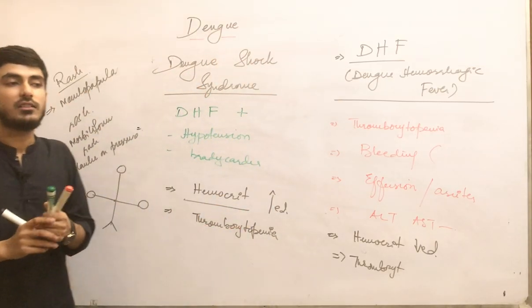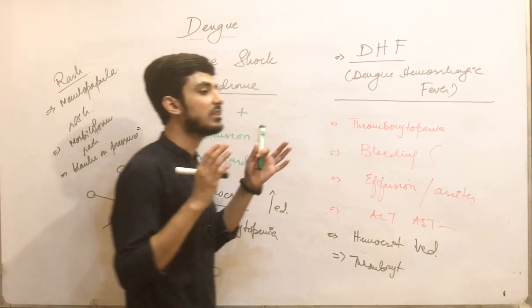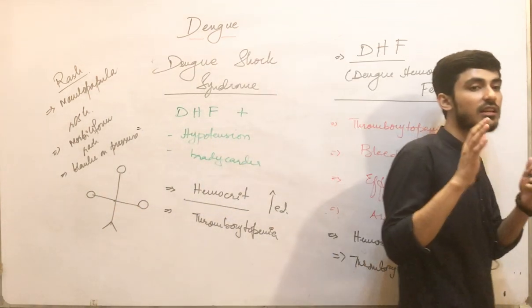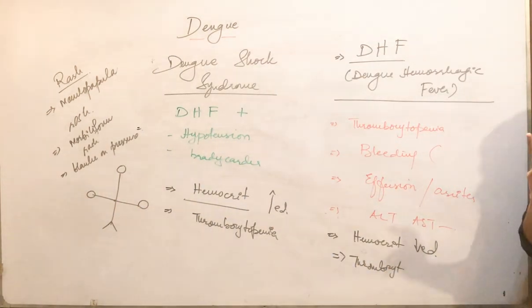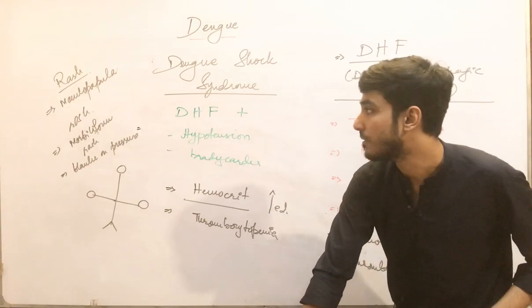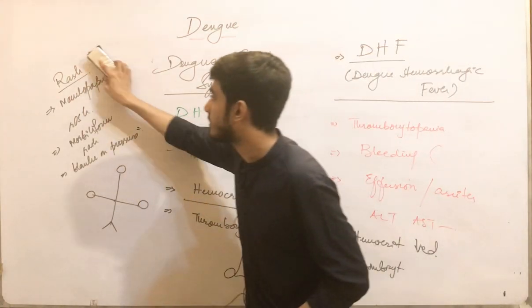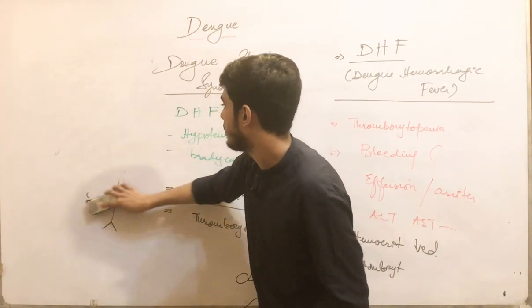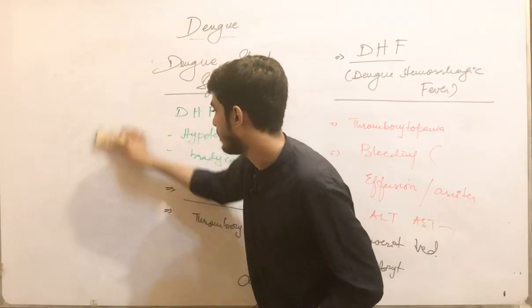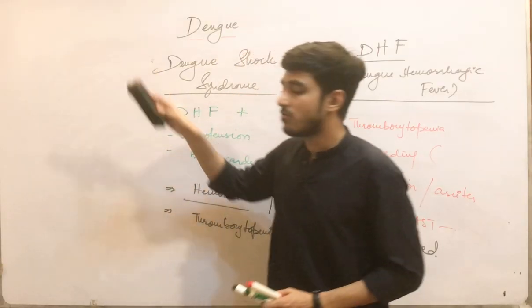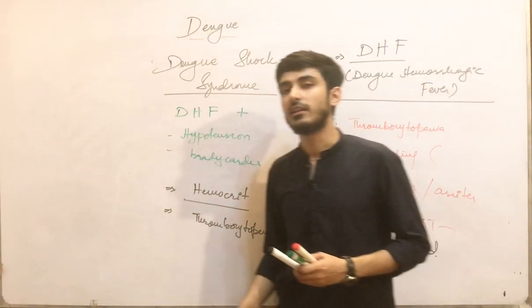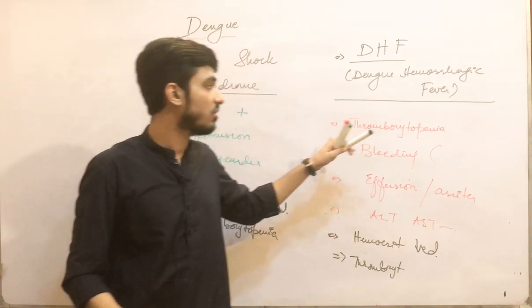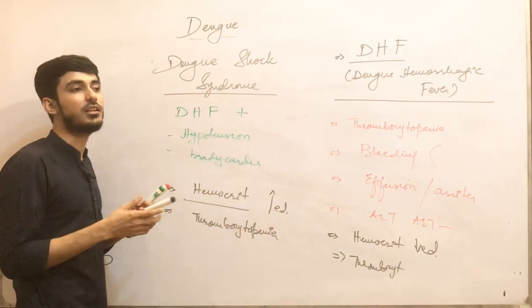Now after that, what are basically the warning signs, the signs that will make you cautious that the patient is getting worse? Very important warning signs that you have to monitor. The dengue is all about monitoring. The dengue can lead to severe condition, and the patient can also heal very easily.